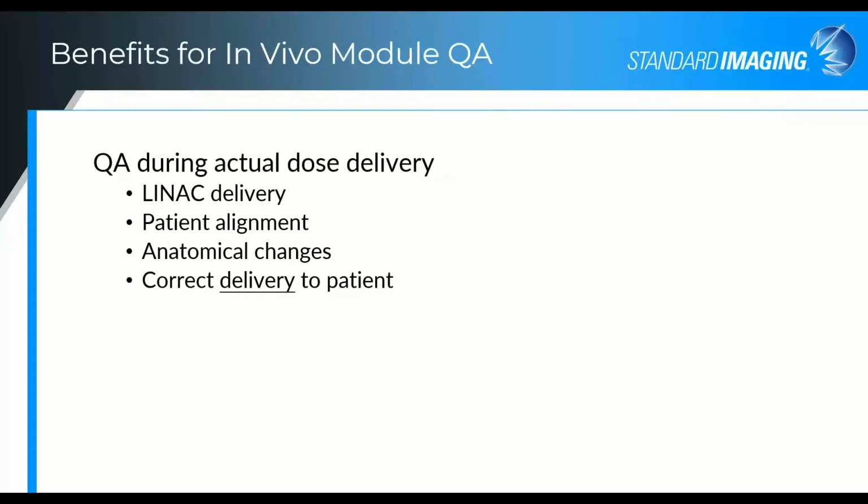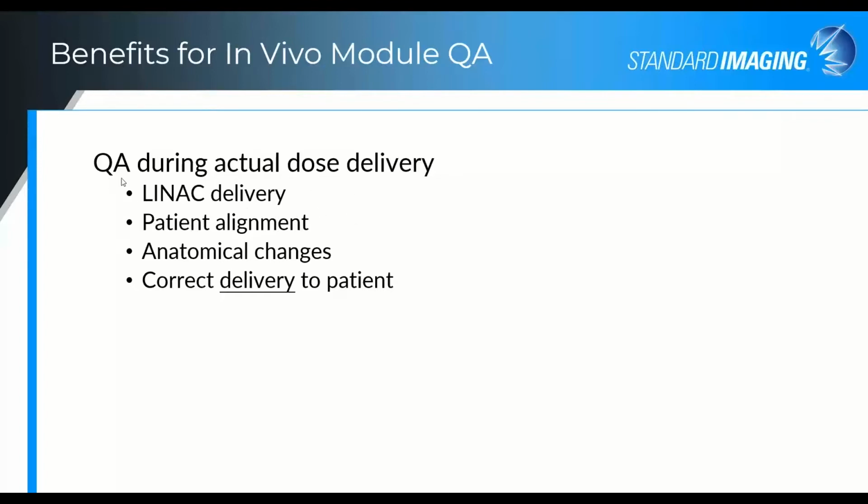I will let you know that it is less sensitive to LINAC delivery variations, just because if you think about the MLC placement, and you're doing a gamma analysis with 2% 2 millimeter, clearly you're not going to catch a half millimeter or a 1 millimeter MLC variation in a low gradient area in particular. So you wouldn't catch it with the dose either if it was a low gradient area.